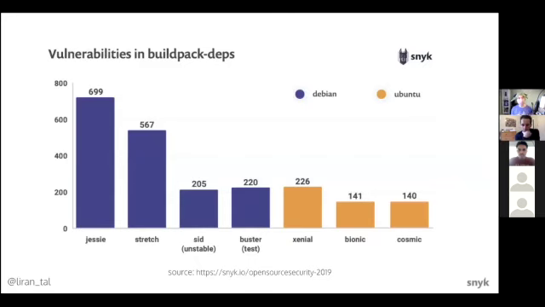So you can see that there was a point in time in which the Node base image was based on Debian Jesse, and specifically choosing that base image to build the official Node image actually brings in by default almost 700 vulnerabilities into the container.